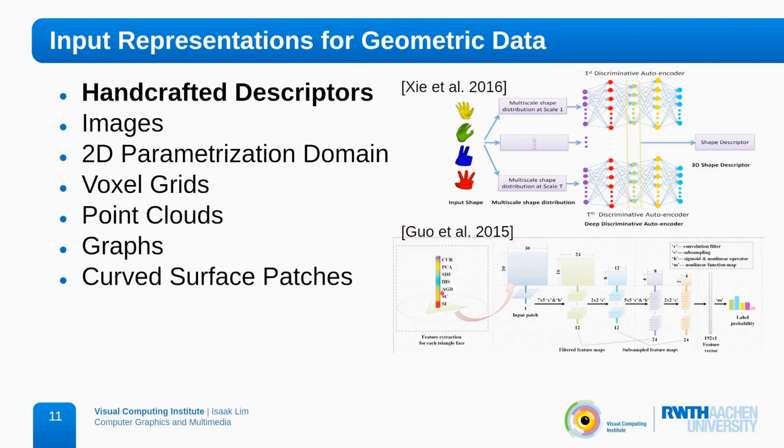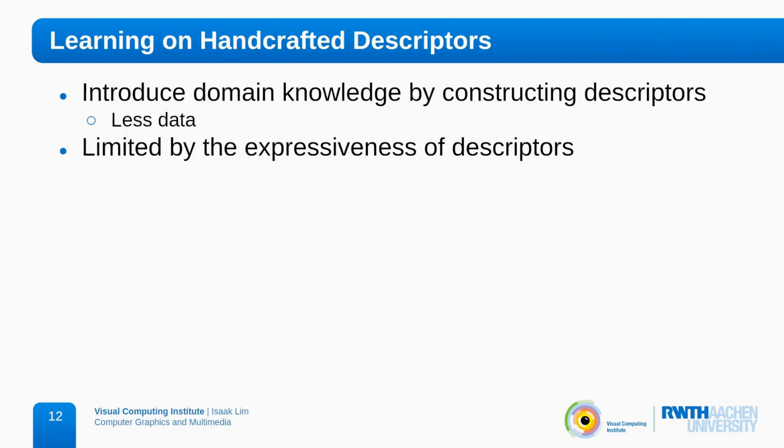Alternatively, we can even take our stacked feature vector and reshape it into a matrix. And now that we have a 2D domain, we can apply a 2D convolutional network to it in order to compute our encoding. The benefit here is that we are able to introduce domain knowledge by constructing descriptors.